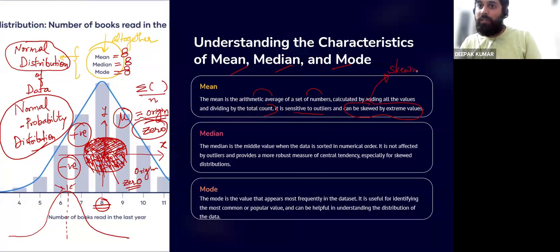You should be motivated to find out the meaning of skewness, because whatever I share, I'll show it with the help of a visualization curve as well. If the curve shows what we have learned, it will give testimony to you. Similarly, the median, especially for skewed distributions.